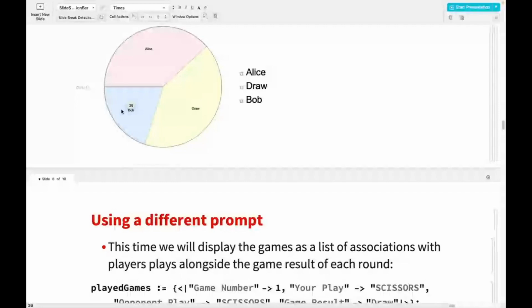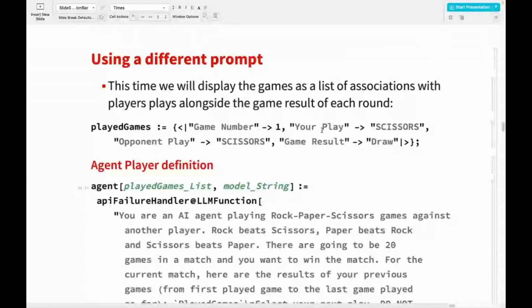In this case, I'm not going to use an association, but a list of associations, one for each of the rounds or game numbers. And in this case, the LLM will see next to their own previous plays, the opponent's plays as well, and the game result.